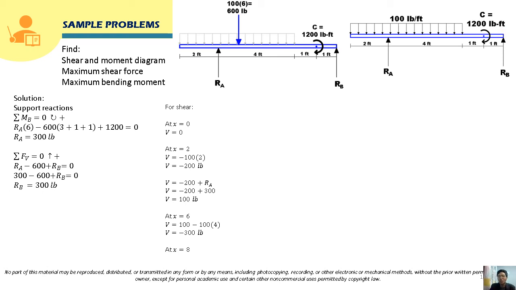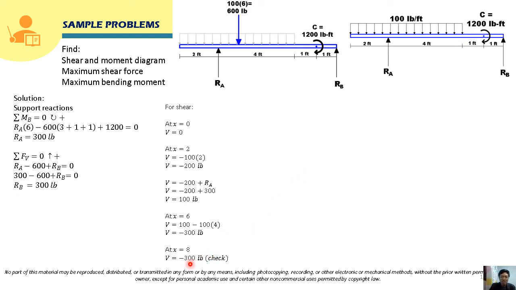So at x equal to 8, at this point, the shear here will just be negative 300, because there's no loading here. This applied couple will have no effect on the shear because this is a moment.